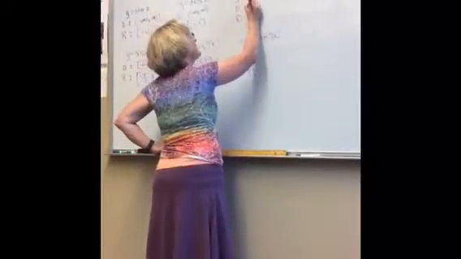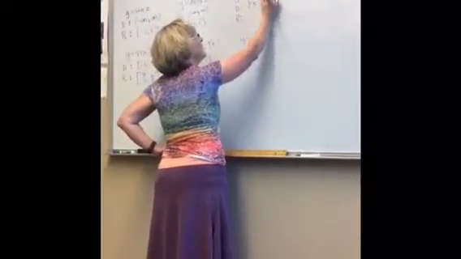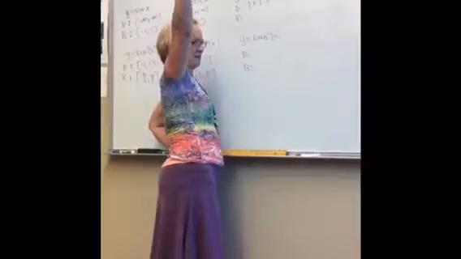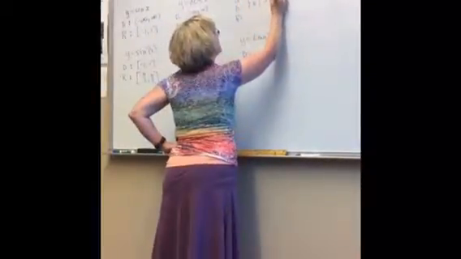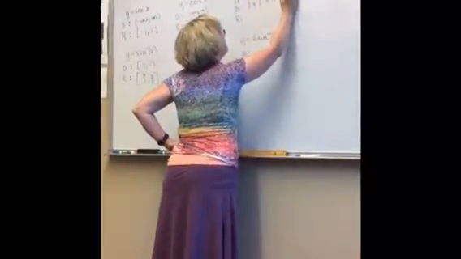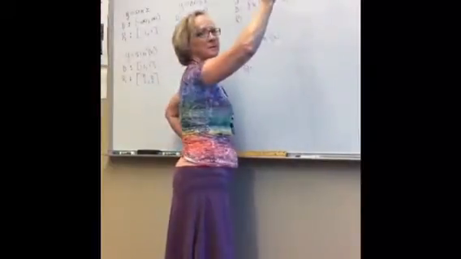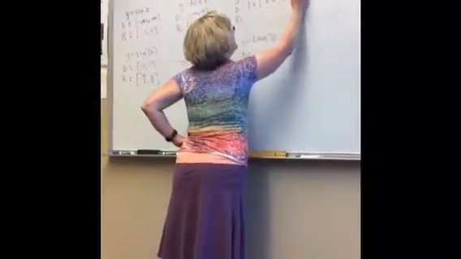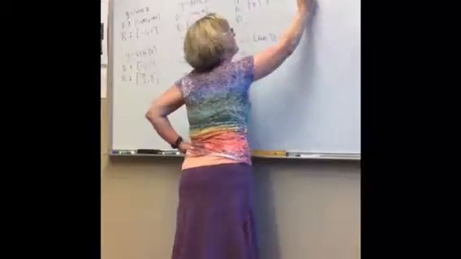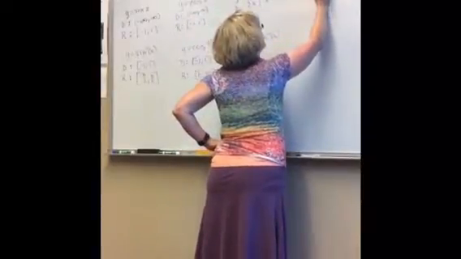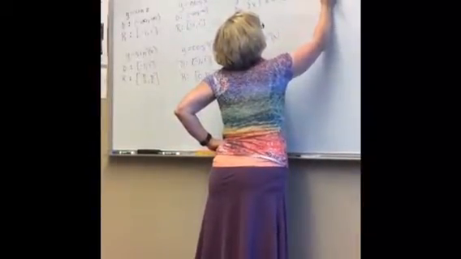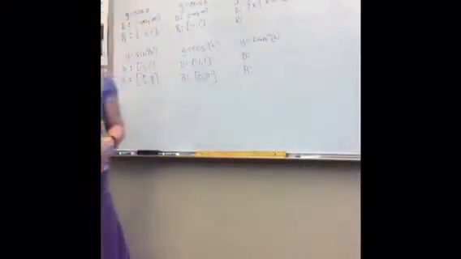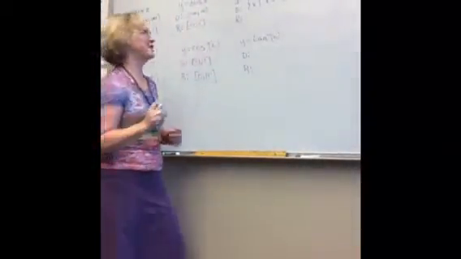So it's the set of x such that x does not equal negative pi over 2 plus pi n. Now there's more than one way to write that, right guys? But n is an integer. Good job.